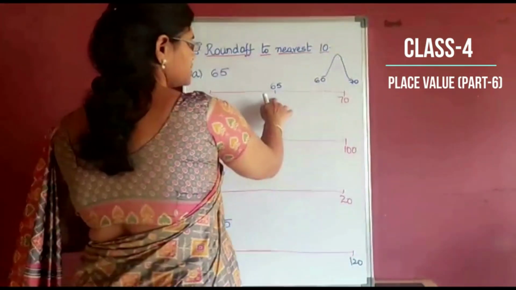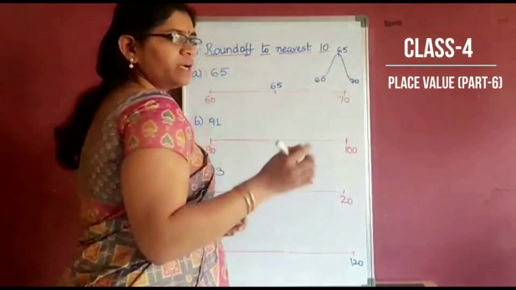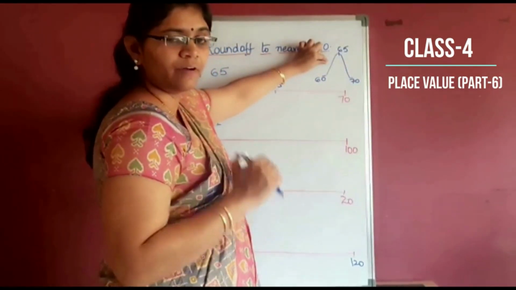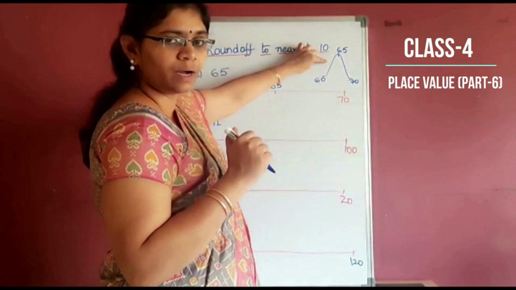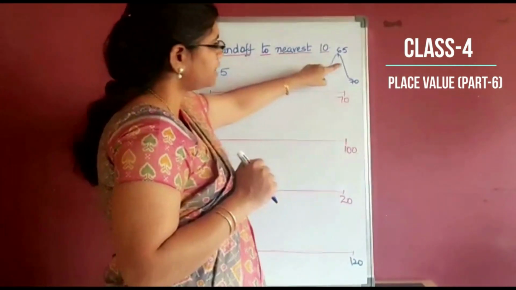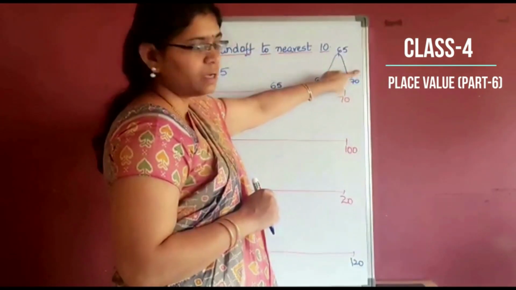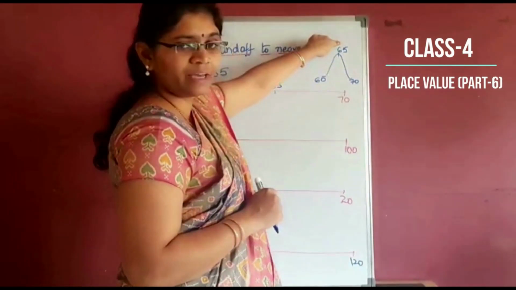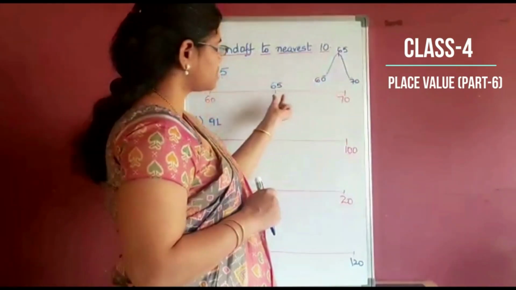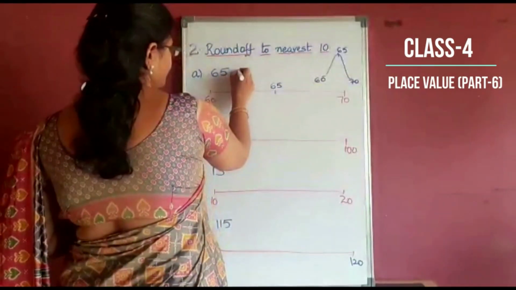Now, exactly in the middle, 65 will come here. Now, children, if you take a ball and if you keep it here, then where will it come down? It will come down to 60, isn't it? This side if I keep a ball, it will come down to 70. But exactly at 65 if I keep it, that also will come down to 70, isn't it? So 65 is rounded off to 70.